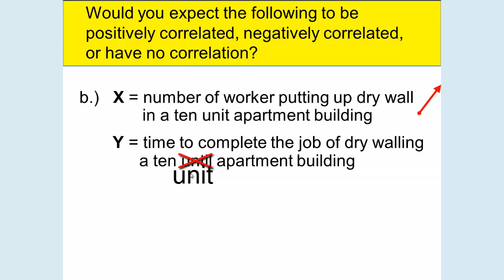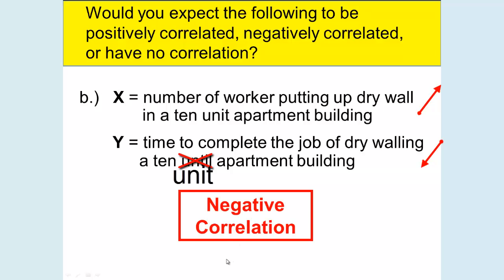What should happen to the time to complete the job? X increases, Y will decrease. The number of workers increase, the time to complete the job will decrease. They're doing opposite things, and when the things are opposite, we have a negative correlation. So this is a negative correlation.